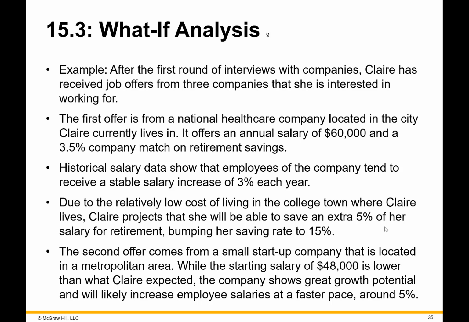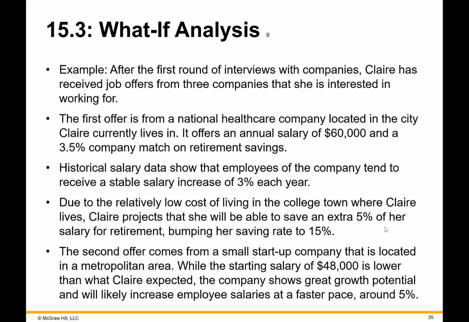Here again, we will continue with Claire's case and understand how she can utilize Scenario Manager to make a decision. In addition to the initial job offer, Claire has received job offers from 3 companies that she is interested in working for. The first offer is from a national healthcare company located in the city Claire currently lives in.